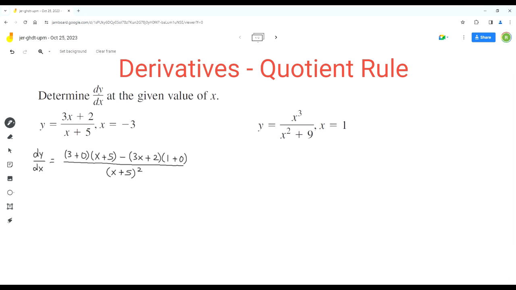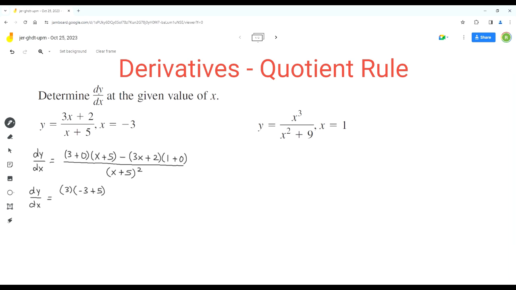Now we have to find the derivative at x equals -3. So we should sub in x equals -3 in this step. We don't have to simplify it first and then sub in x equals -3. That will save us some time and steps. So dy by dx equals, the first parenthesis is just 3, and in the second one we do -3 plus 5.